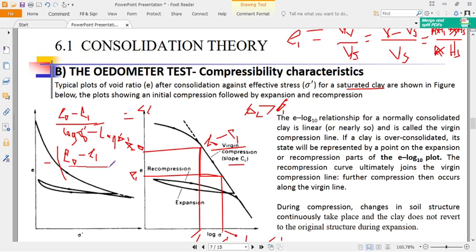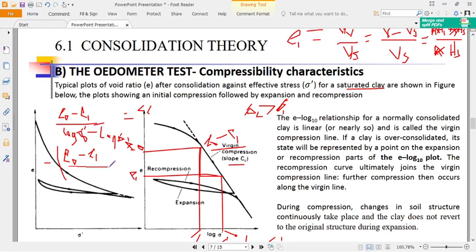Whenever possible, the pre-consolidation pressure for an over-consolidated clay should not be exceeded in construction. That's why when you are constructing in wetlands or in swamp areas, we put a surcharge to pre-consolidate this material, so that surcharge should be removed in the construction of the final pavement layers. Why?